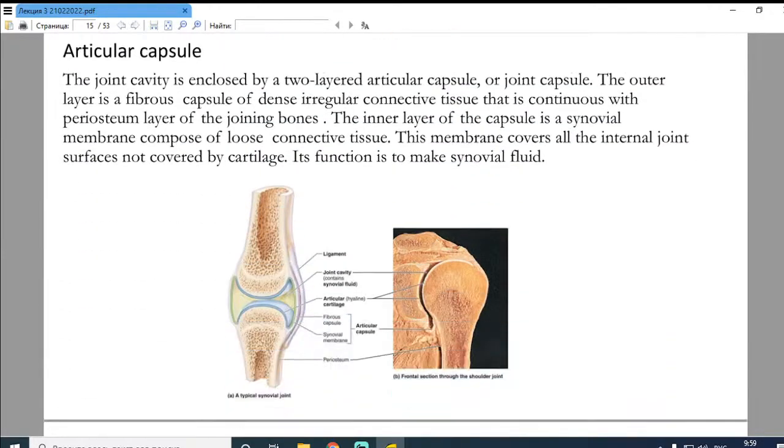Articular capsule. The joint cavity is enclosed by a two-layer articular capsule, or joint capsule.